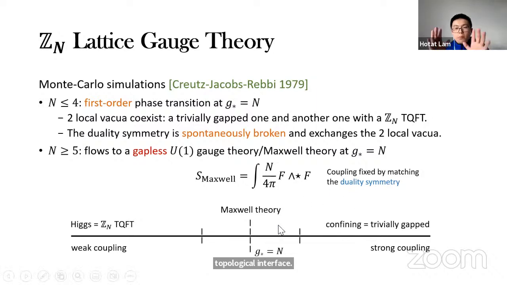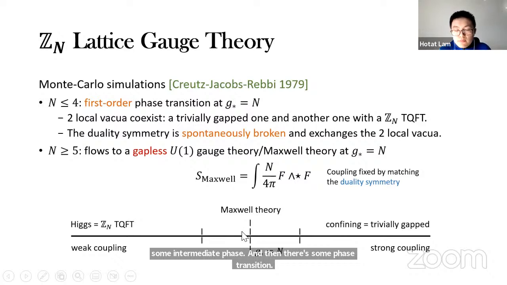Sorry, let me restate the statement. What I can show is that, first of all, there's a possibility of some intermediate phase, with a phase transition happening somewhere else instead of at the self-dual points.